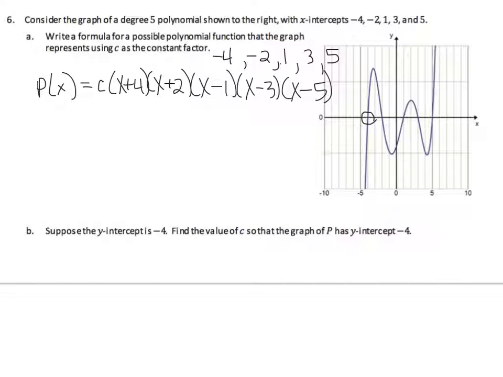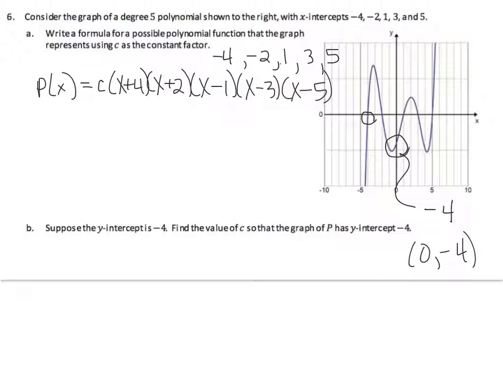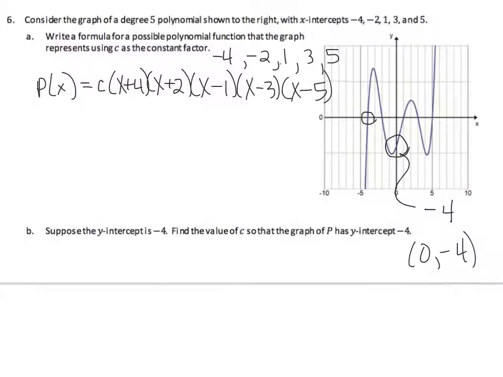Cool? So suppose the y-intercept is negative 4. Find the value of c so that the graph of p has a y-intercept of negative 4. So that would be 0, negative 4. So, goodness, every time, right?